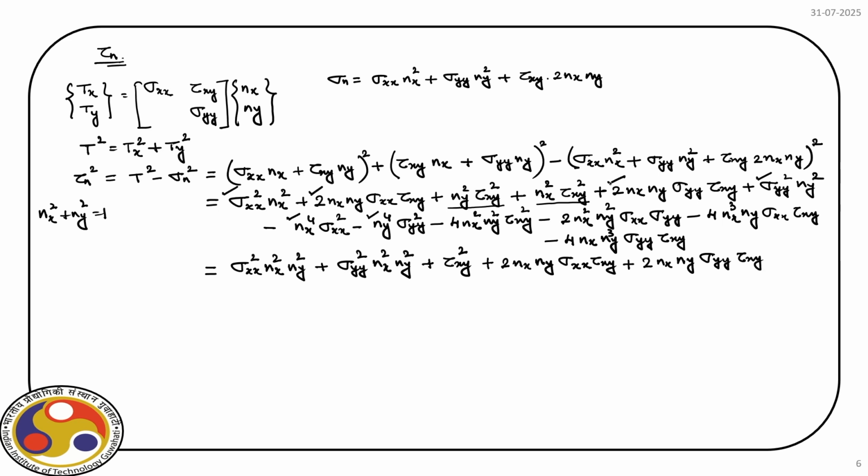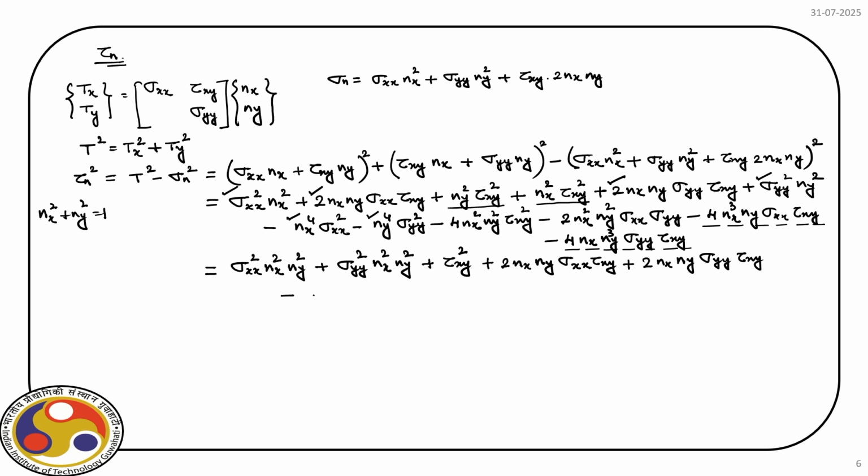So, here is the term. Then we can further simplify. So, what we have here is, say, these terms and these terms, right. So, let us write it down.